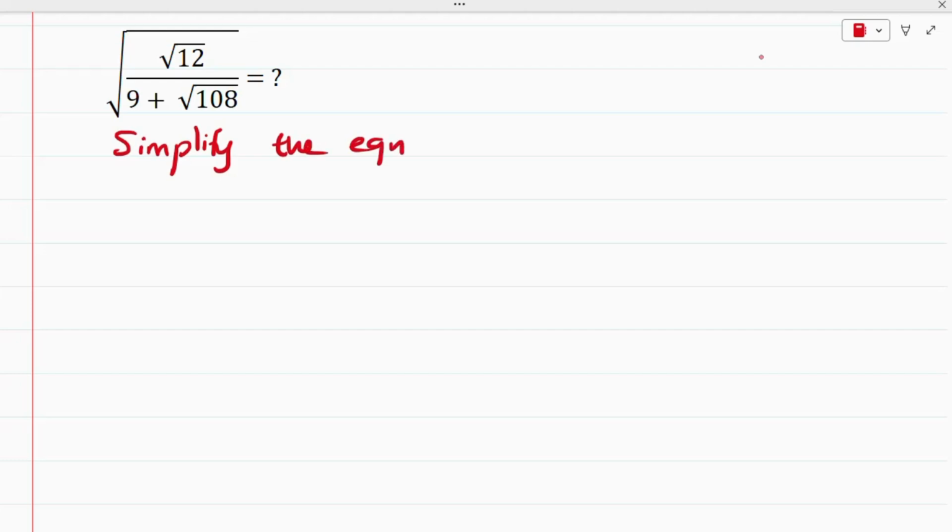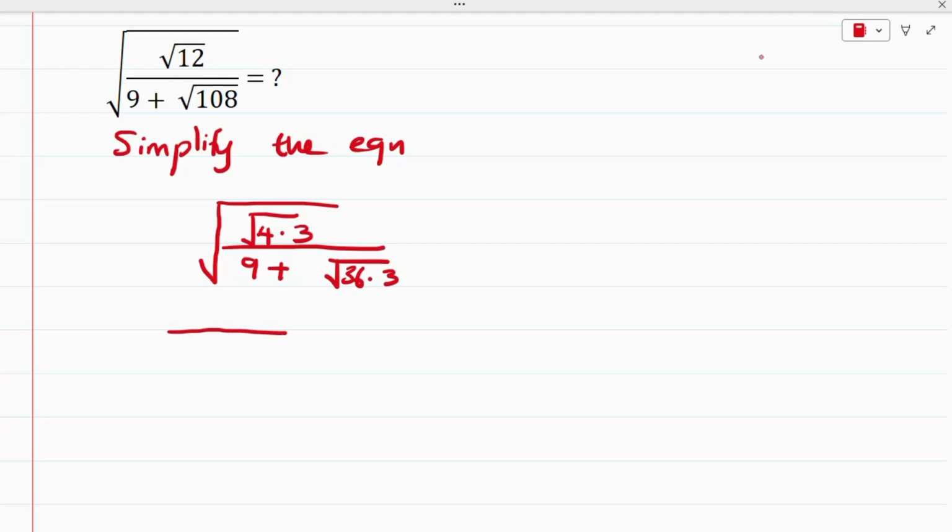So simplifying, this becomes the square root of, now for the numerator, we can easily express 12 to be 4 multiplied by 3, all over 9 plus the root of 108, which can be expressed as 36 multiplied by 3.